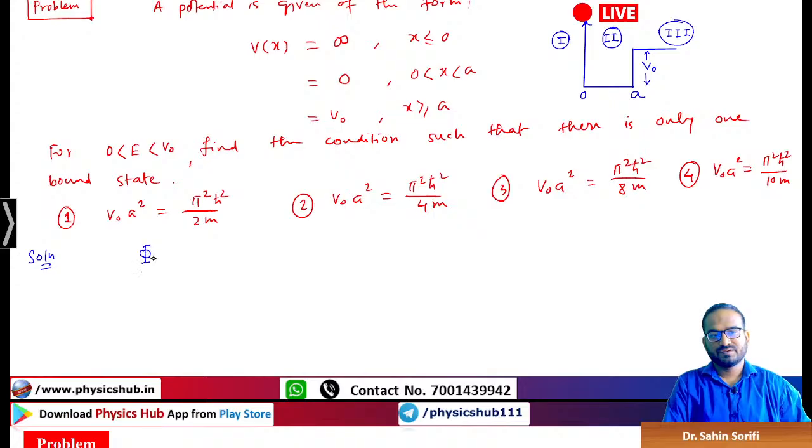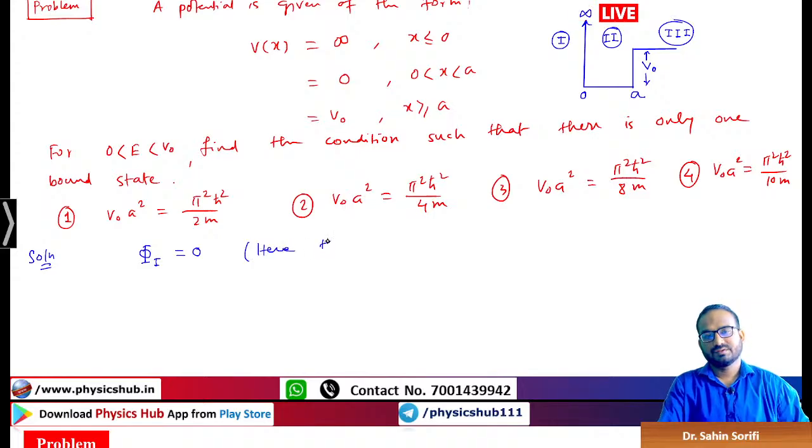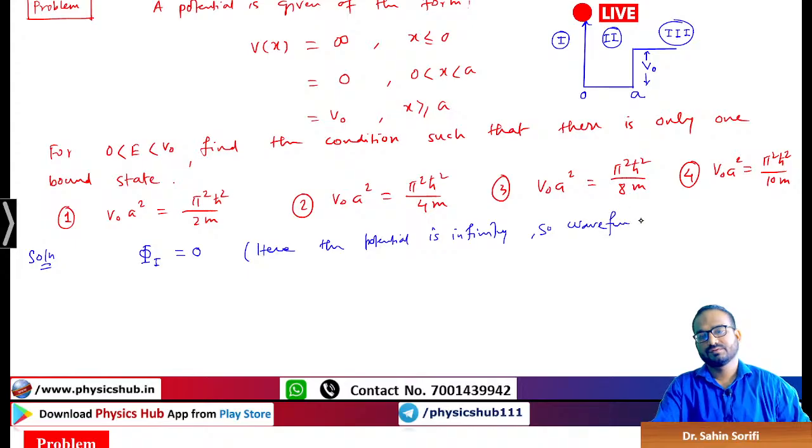Phi 1. Potential is infinity, which means the wave function must vanish.